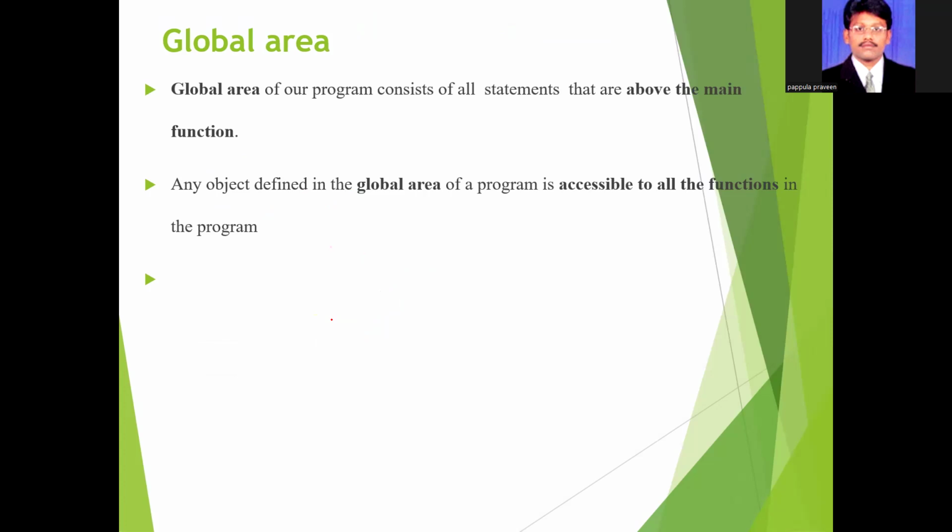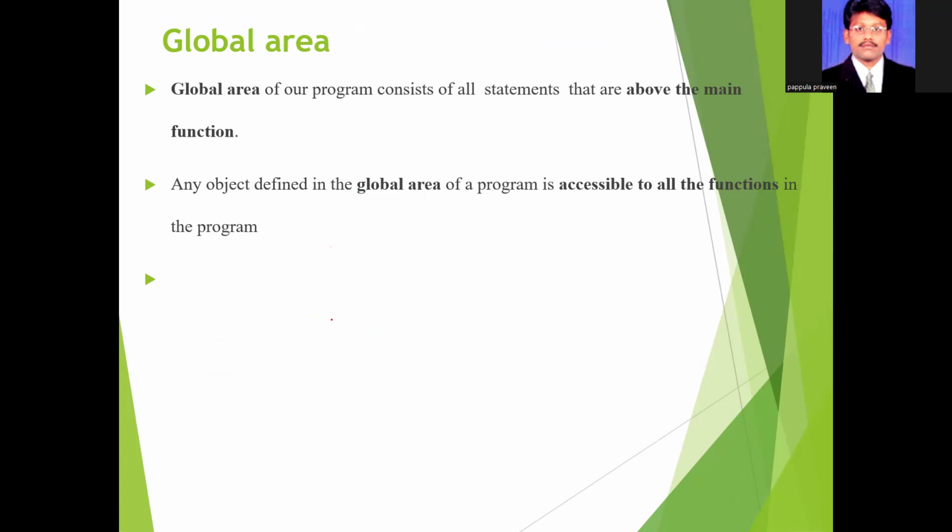The global area of our program consists of all statements that are above the main function. To remember simply, our C program can be divided into some parts. First one is the comment, that is the documentation section. In the documentation section, you write the program name, the name of the developer, and your date of execution.